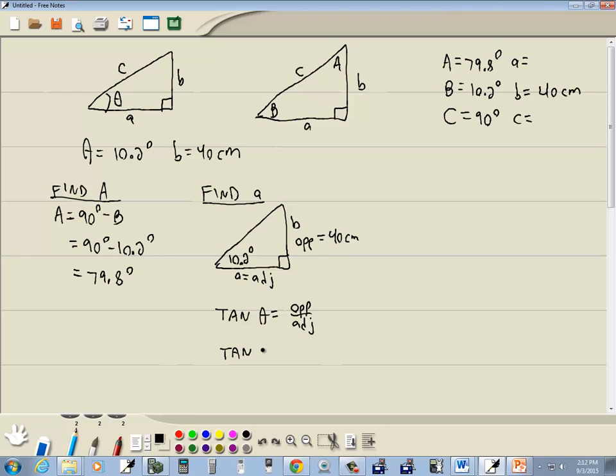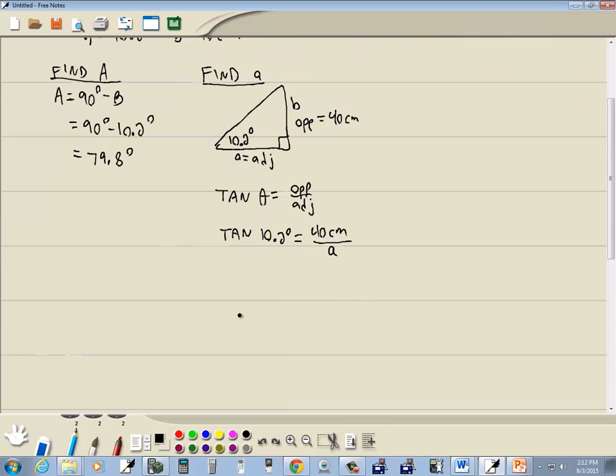Tangent of 10.2 degrees is equal to opposite, 40 centimeters, over adjacent, which is our A. Now we want to solve for A, so I'll multiply both sides by A. So I get A tangent 10.2 degrees is equal to 40 centimeters. Then we'll divide both sides by tangent 10.2 degrees. So A is going to equal 40 centimeters divided by tangent 10.2 degrees.